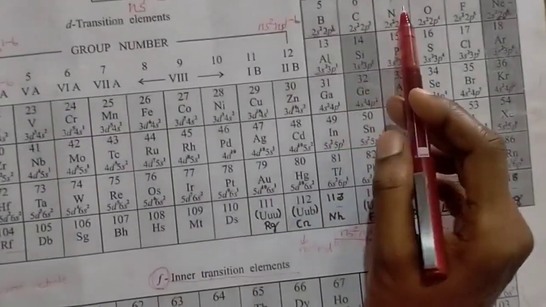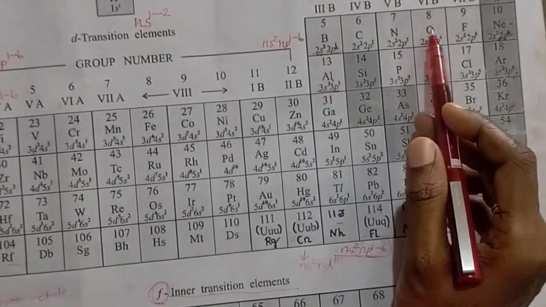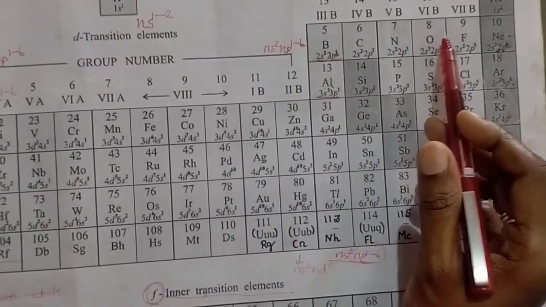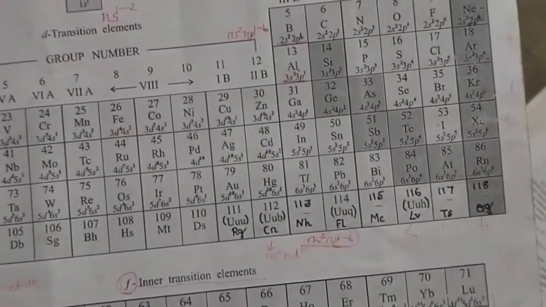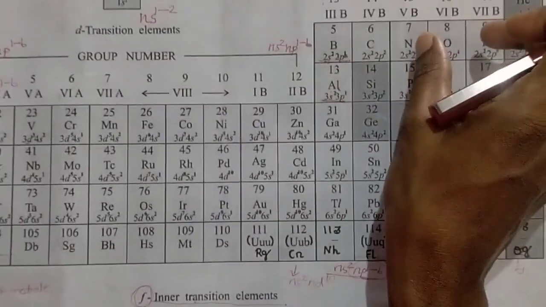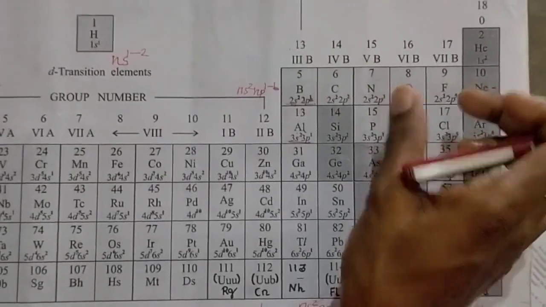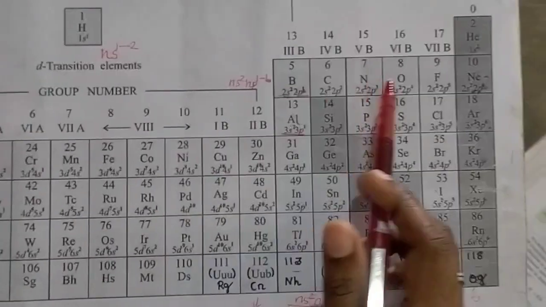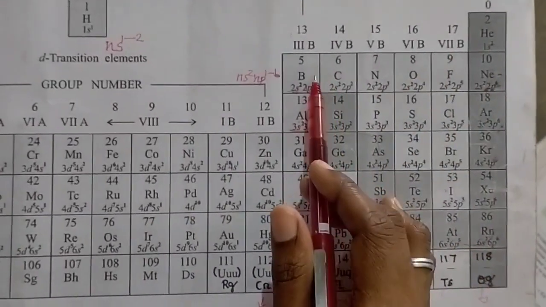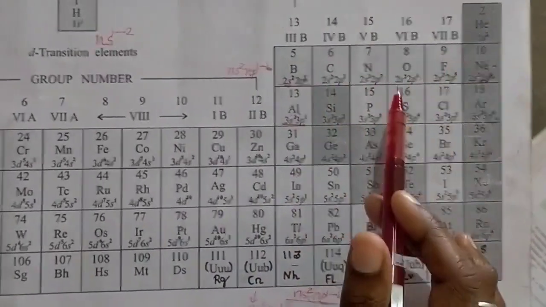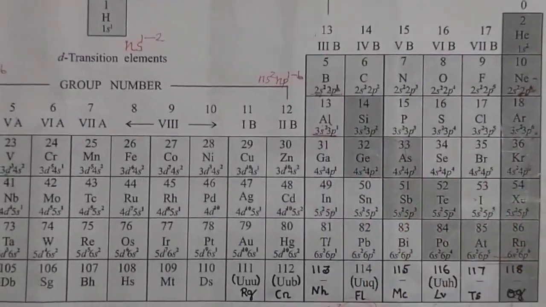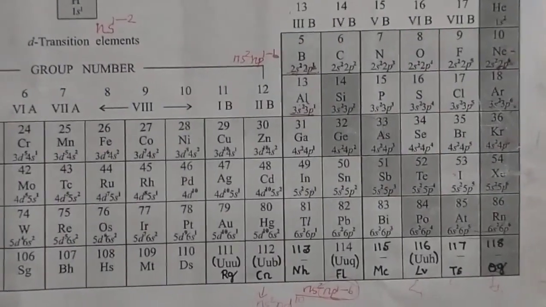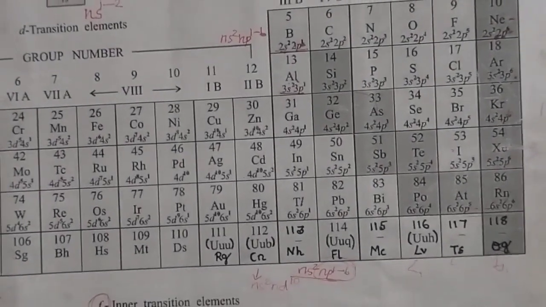If you add more electrons, the number of protons increases, so the nuclear charge increases, and the size decreases, because the electrons are added in the same shell. So the electron affinity and the amount of energy increase with increasing nuclear charge.